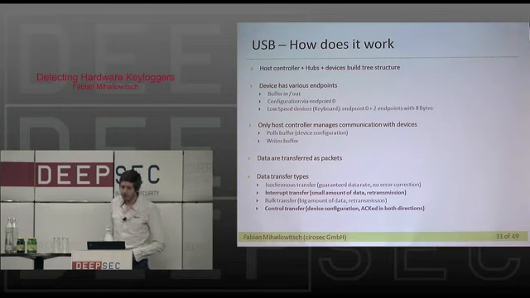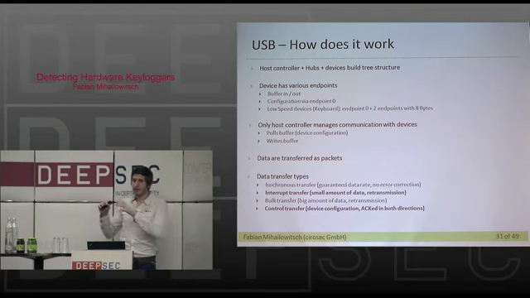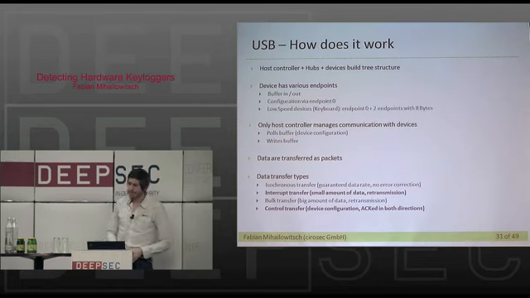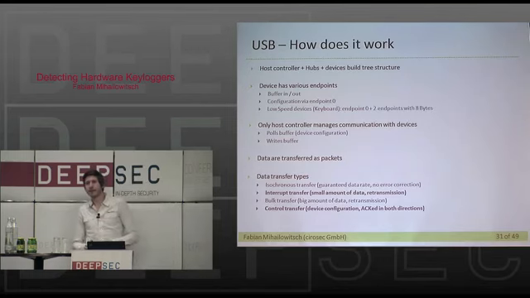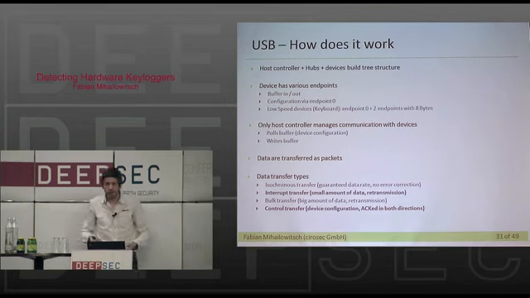For USB, you have like a host controller, you have hubs which are plugged to that host controller. Down to the hubs, you have certain devices, and so you create a tree structure. Each device has various endpoints in return. An endpoint basically is just like a buffer. You can imagine you have an input buffer or an output buffer, and that's basically just what an endpoint is.